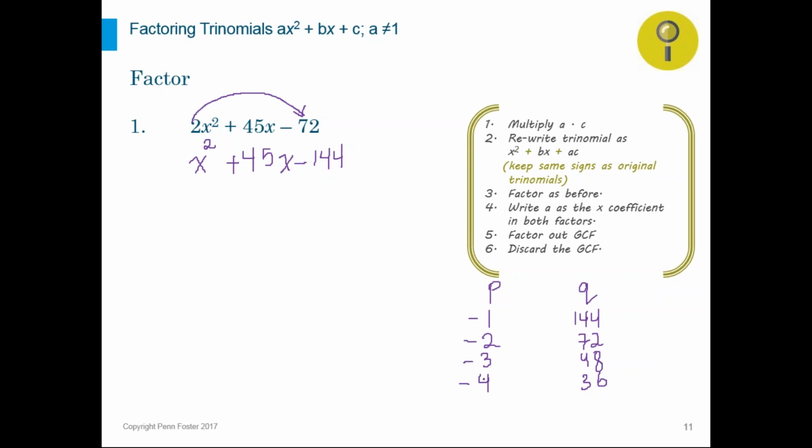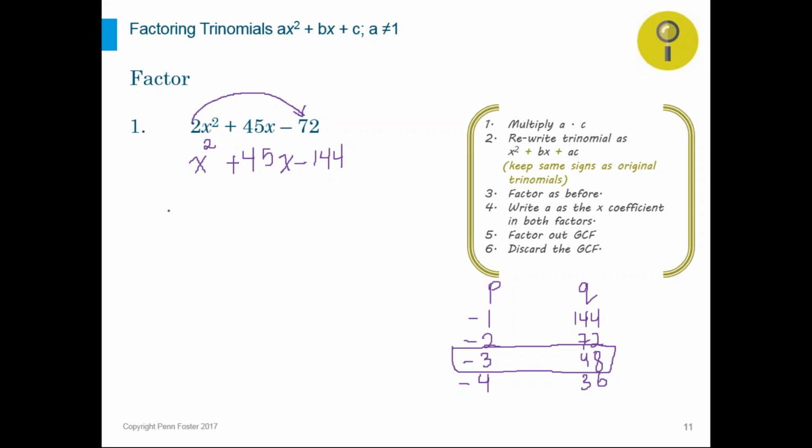Which one then, when we add them, gives us positive 45? You will realize it's going to be 3, negative 3, and 48. 48 minus 3, or negative 3 plus 48, will give you positive 45.